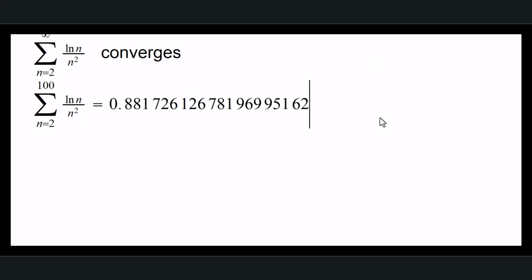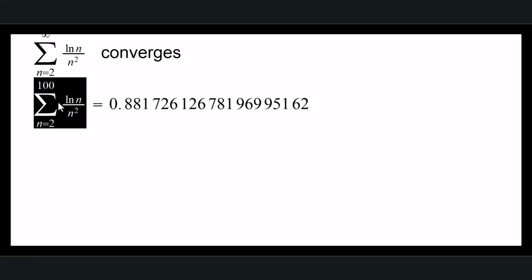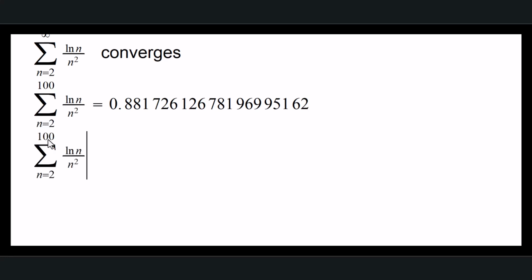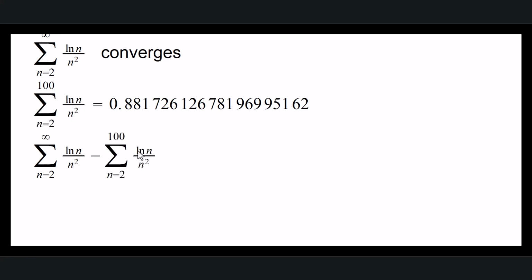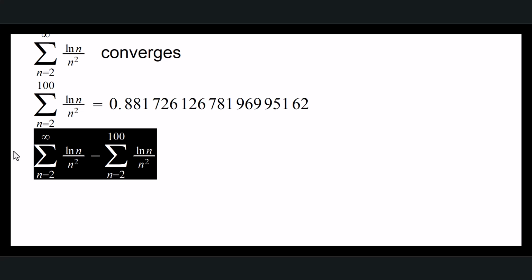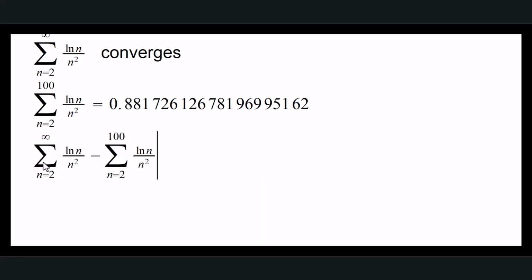Now you want to know what the difference between these two values would be. That is, if we look at the value of the convergent series, we want an estimate of this, and this is a series of positive terms, so of course this will be a positive number.